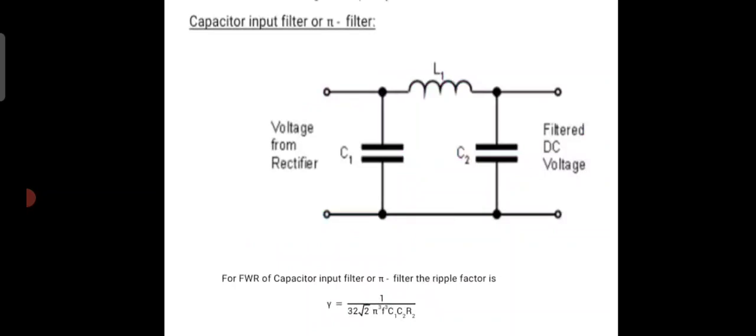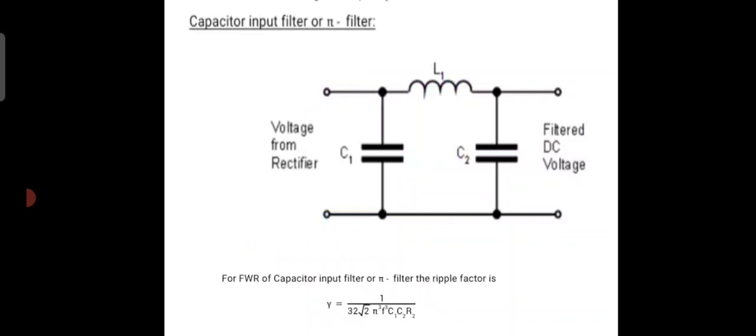And the next filter is the capacitor input filter or pi section filter. This pi section filter, as the name itself indicates, has a structural appearance like a pi.